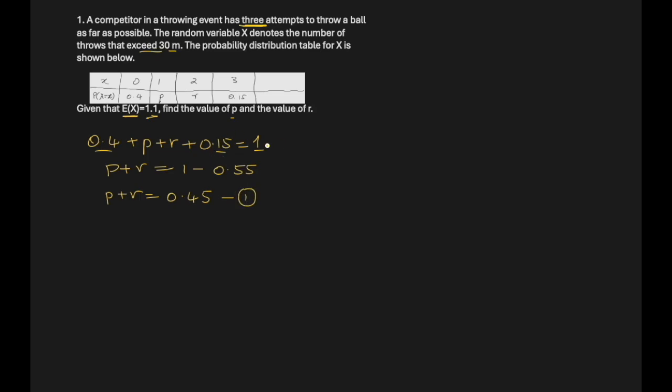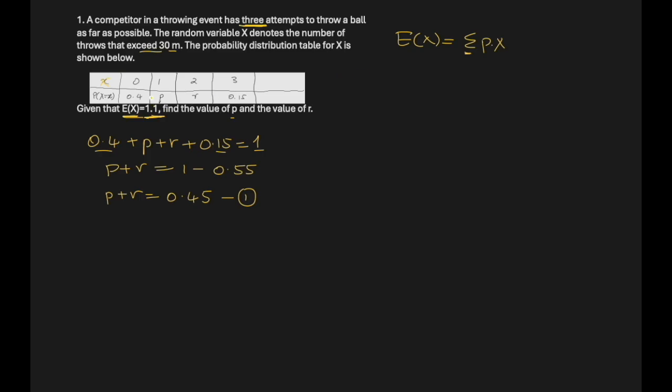Now let's use the second piece of information they have given, that the expected value is 1.1. What is the formula for expected value? It is sigma px. So whatever is x, let's make it capital X, whatever is x multiplied by its probability, and then sigma means add them.